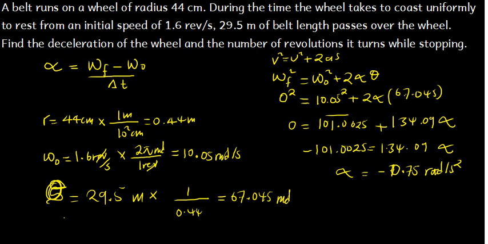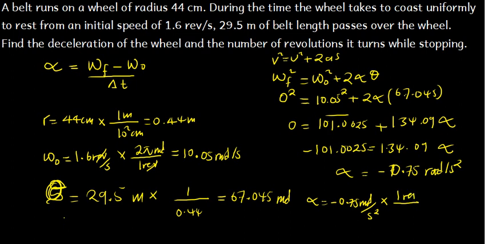I can as well take the answer in revolutions per second squared, and this will be angular acceleration is equal to negative 0.75 radians per second squared multiplied by, in one revolution, so we're going to put a revolution on top.